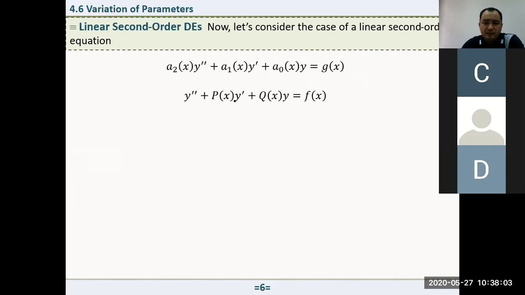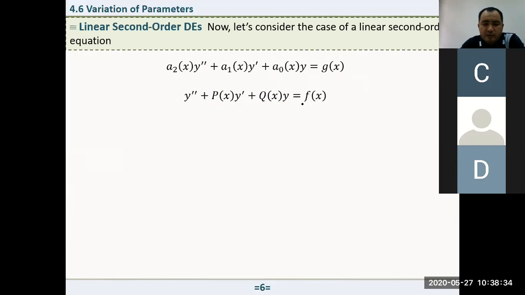By relabeling, let's label a sub 1 over a sub 2 by capital P, a sub 0 over a sub 2 by capital Q, and g over a sub 2 by f. So now it is in standard form. When we say standard form in differential equations, we mean that the leading coefficient is equal to 1.